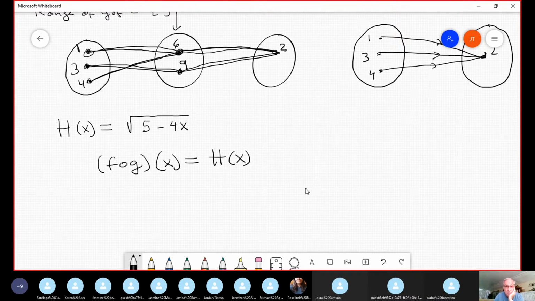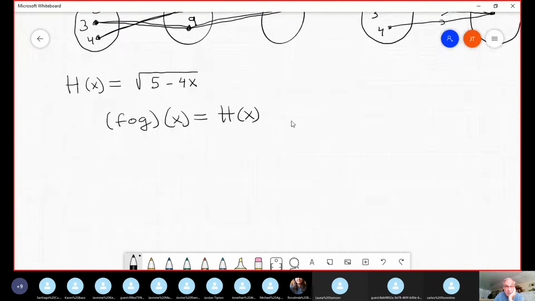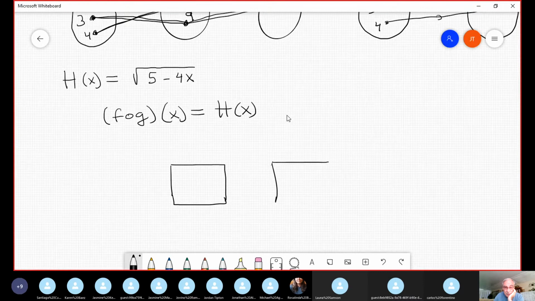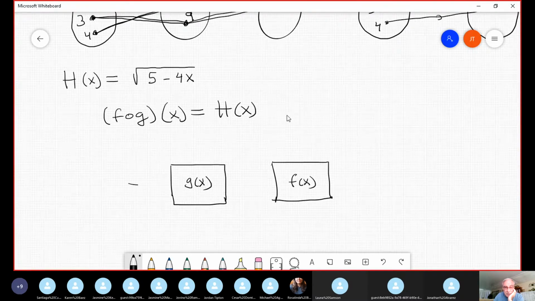Well, in my opinion, the most probable way is this: remember, you have 2 blocks. According to this notation, the first block is g, and the second is f. Inside, we always have an element in the domain, which is x.